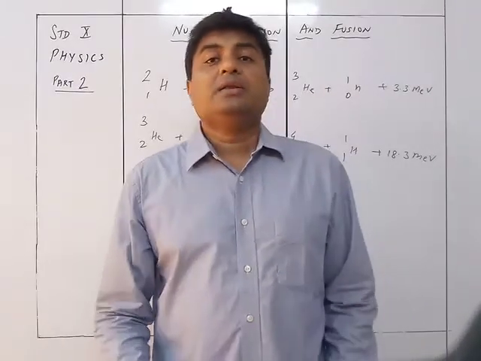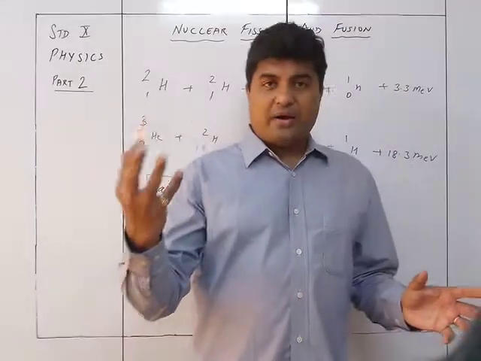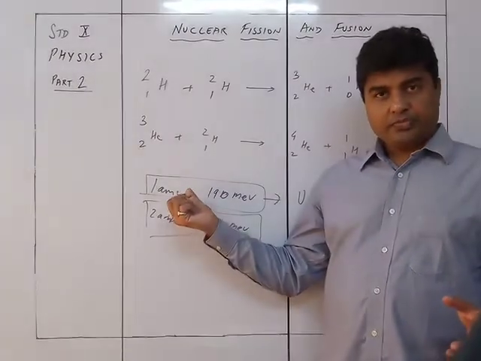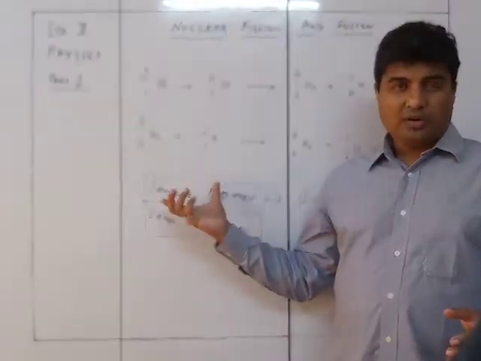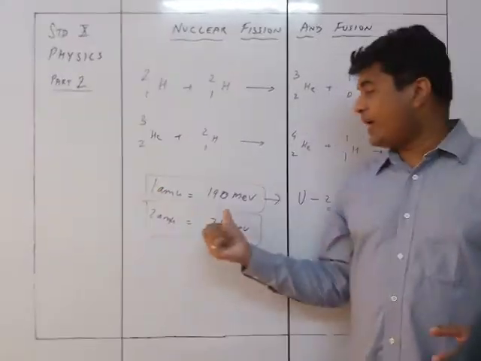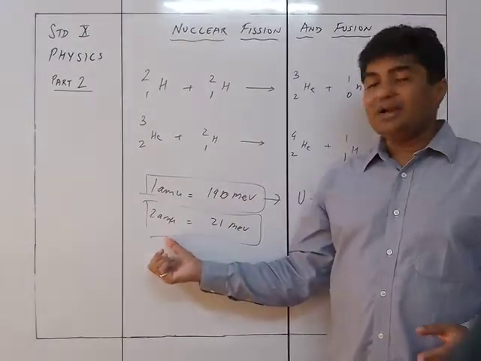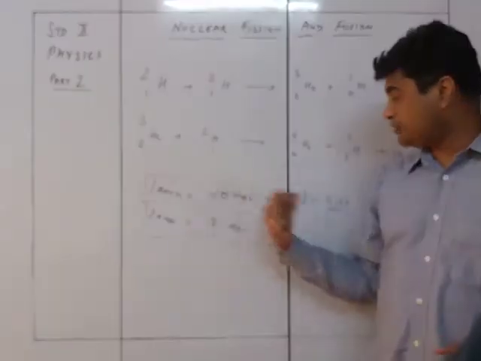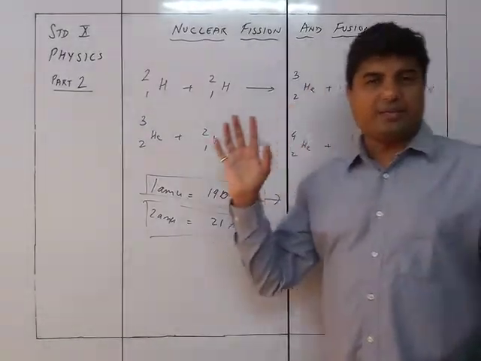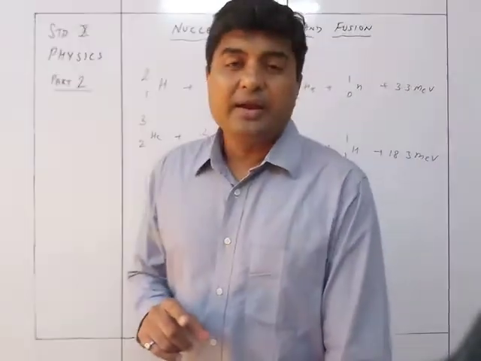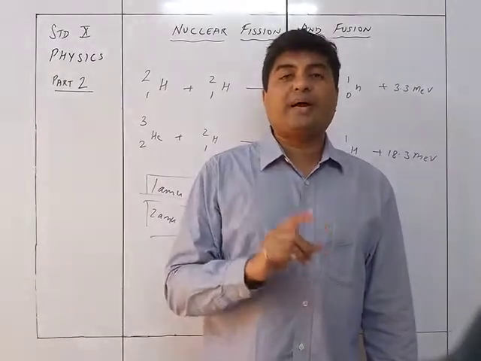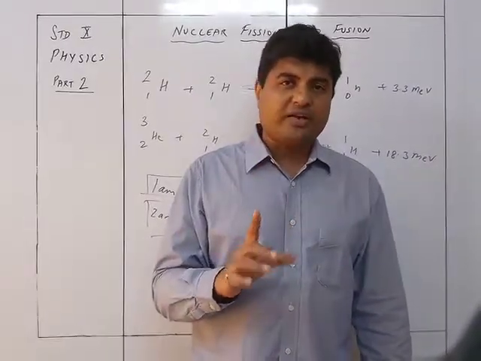So here the mass of fuel required in fission is much more. For a bigger mass you get 190 mega electron volt, and here for a very small mass you are getting 21 mega electron volt. So if I take the same mass, it will give you a tremendous amount of energy. That's why fusion gives you more energy than fission.